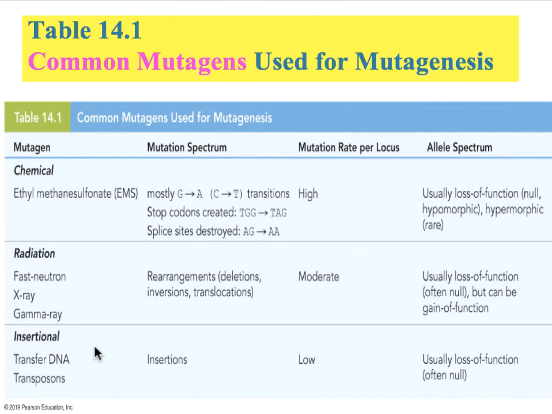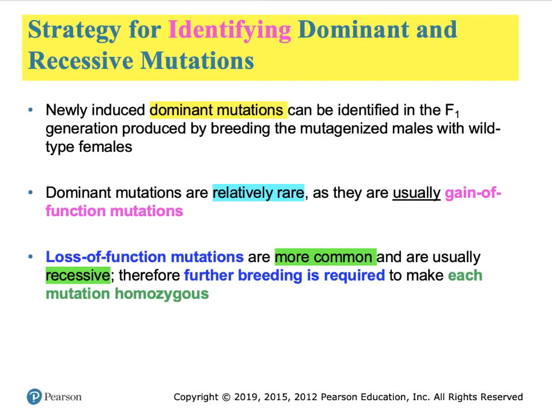And finally, we have these biological agents known as transposons, and they can insert themselves, and they do so at a pretty low frequency compared to chemical mutagens, and they also normally result in a loss of function of the null type mutation.